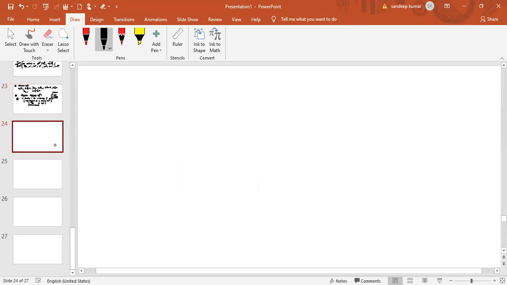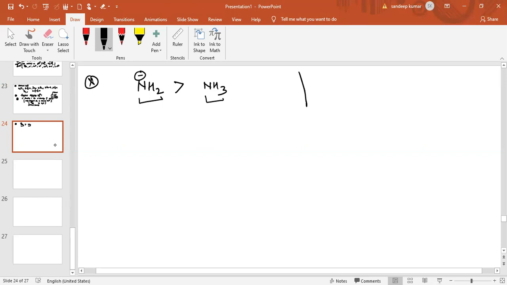See another case. We have NH2 minus and NH3. Again, this is negatively charged and this is neutral for the same compound. But we know negatively charged nucleophiles are stronger than neutral ones.